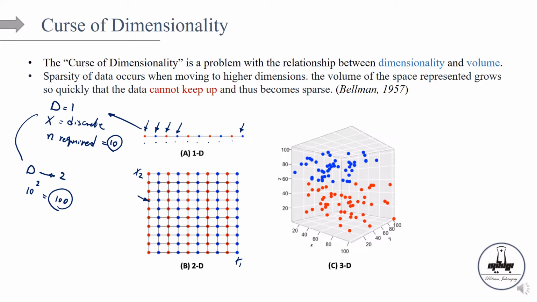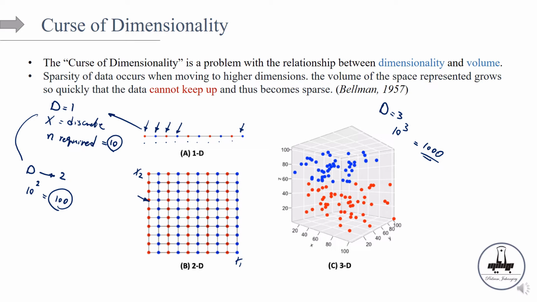Now let's go to dimension equal to 3. In order to span the entire feature space here, how many observations do we require? Yes, 10 to the power of 3, right? So the answer is 1,000. As you can see, this is growing so fast. Simply when I go from dimension 2 to 3, it went from 100 to 1,000.